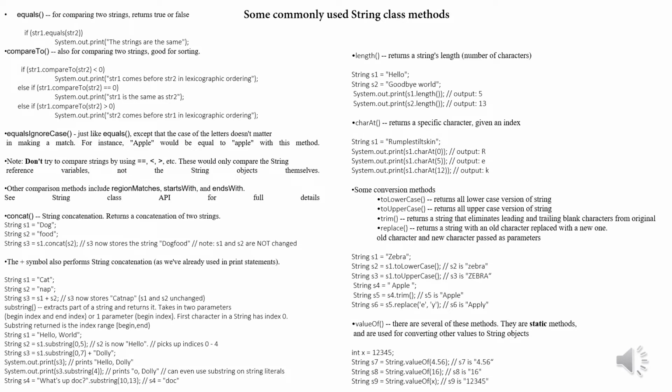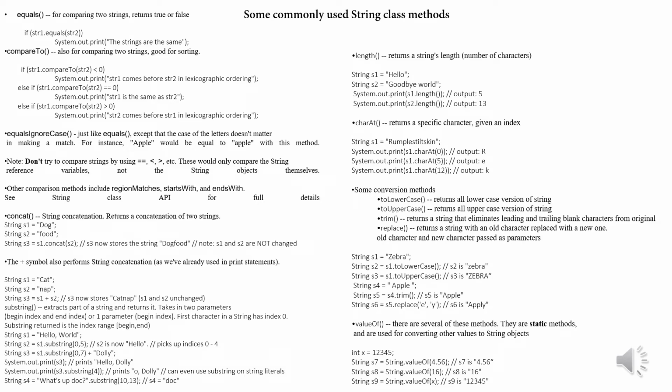The next method, which is important to know in this class, is concat. This method is used to concatenate two strings. For example, here we have a string s1 be dog, a string s2 be food, and a string s3 be s1.concat(s2). Now s3 is the concatenation of string1 and string2.